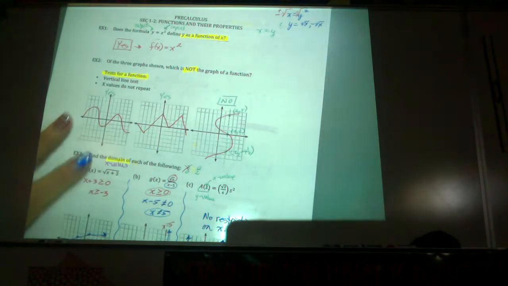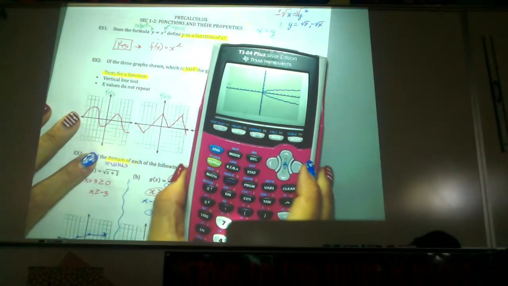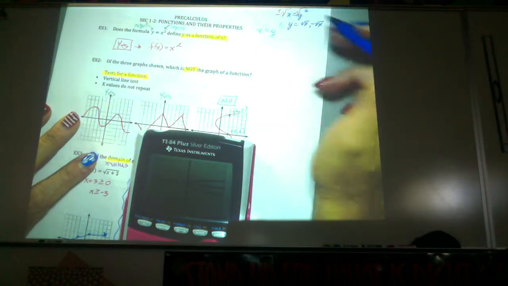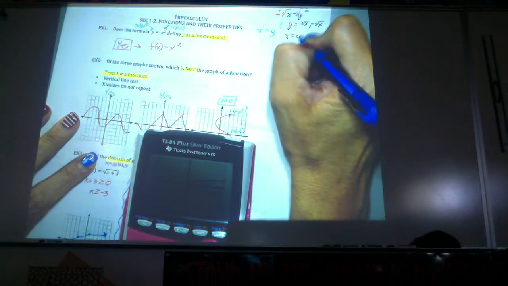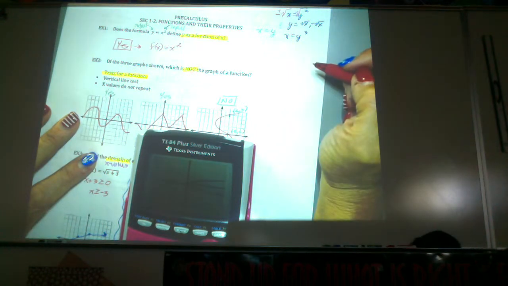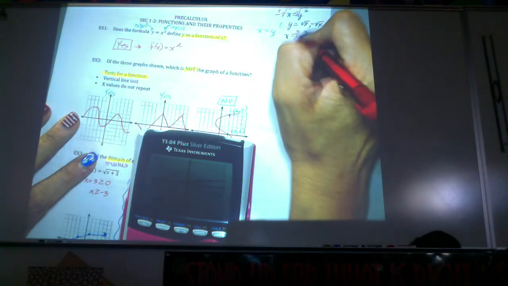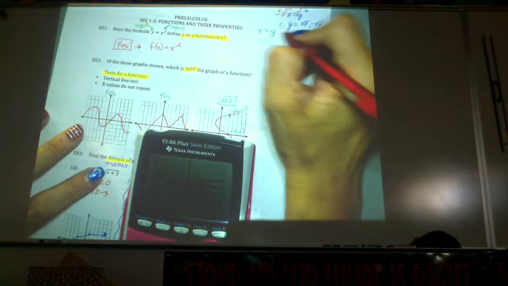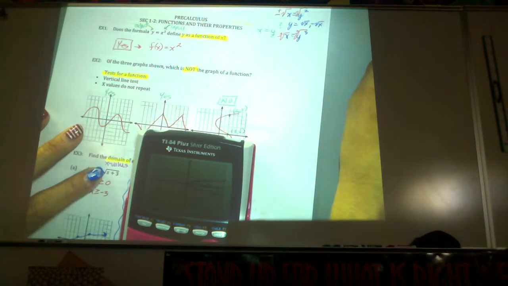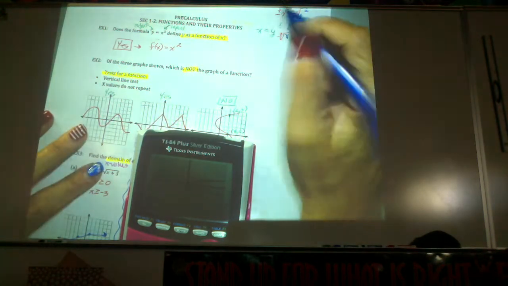So let's just look at what would be if I had x equals y cubed. How would you solve for that? How would you get y by itself? Take the cube root. So we take the cube root of y cubed, that would give us y, and I would have to take the cube root of x. There's only one answer to that. Y is equal to the cube root of x.